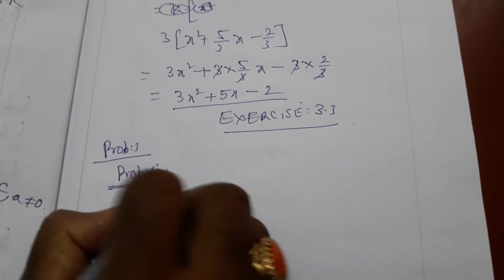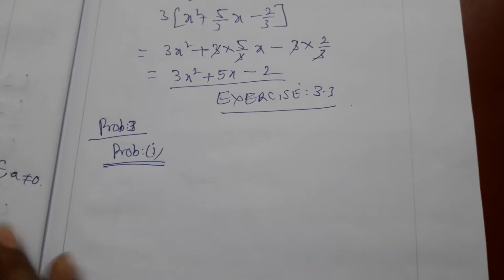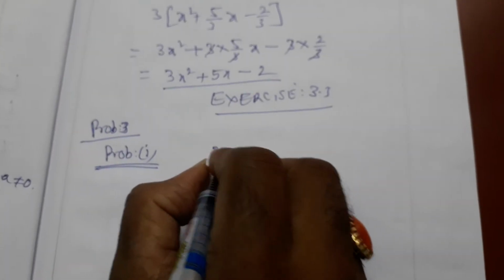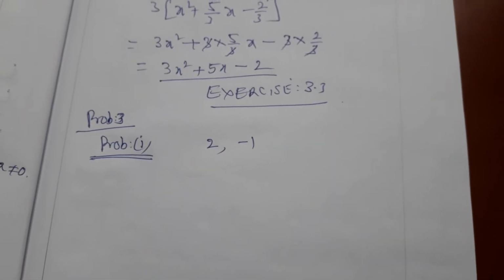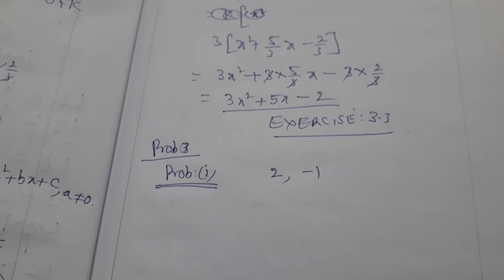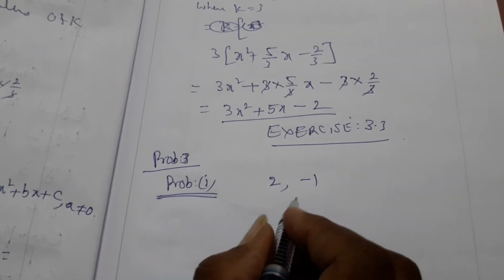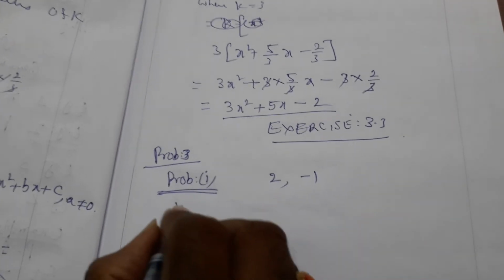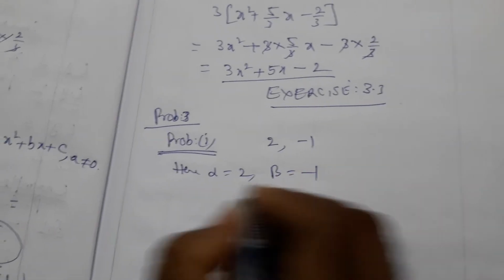The given zeros are 2 and minus 1. Find the quadratic polynomial for the zeros alpha and beta given in each case. Therefore, alpha is equal to 2 and beta is equal to minus 1.